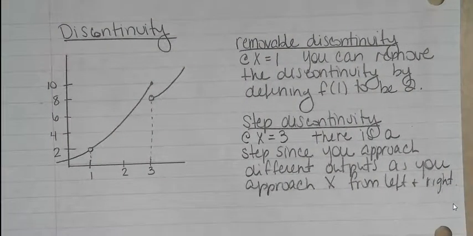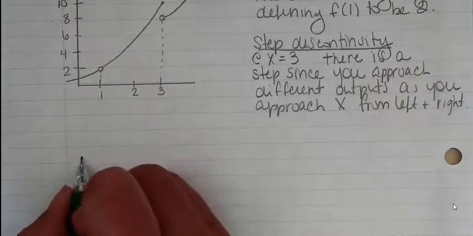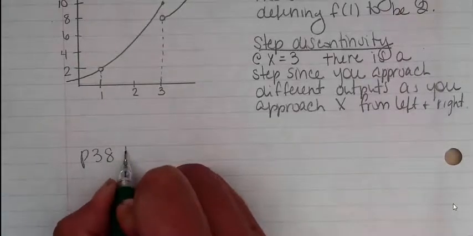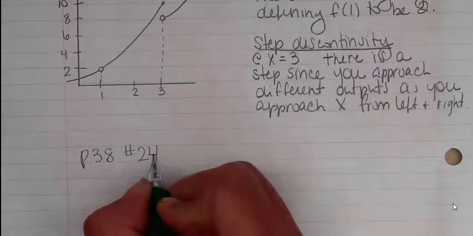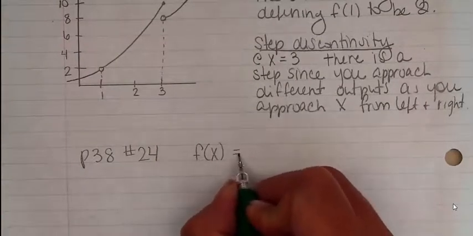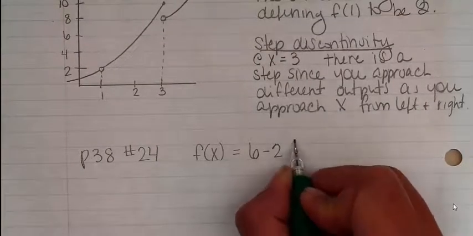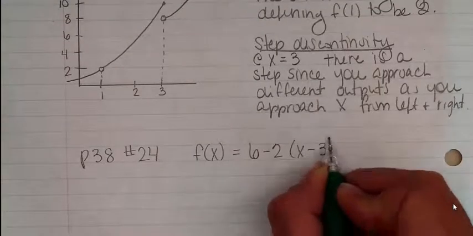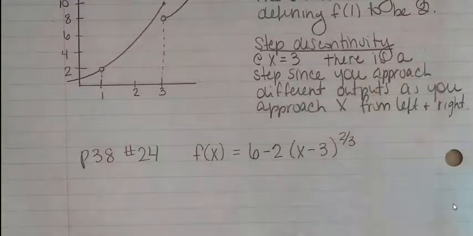Okay, so I'm just going to do one problem with you, and I'm not really going to follow the directions, but I am going to use the equation from page 38, number 24. So we are given the fact that f of x equals 6 minus 2 times x minus 3 to the 2/3.